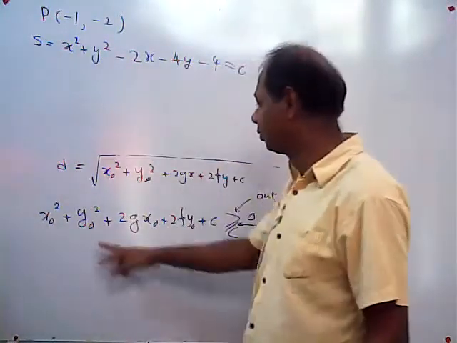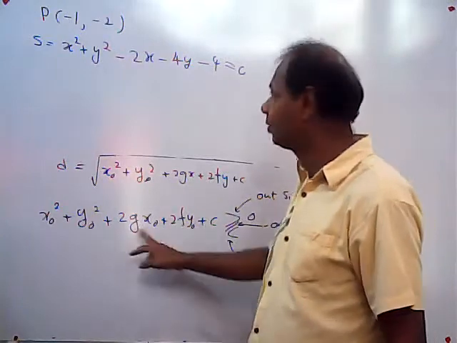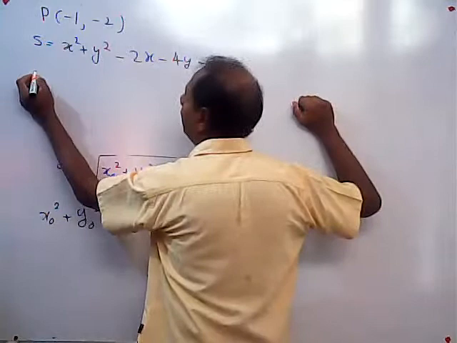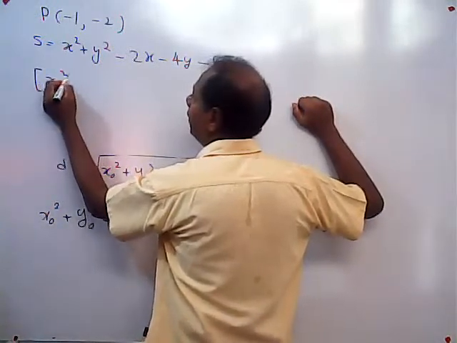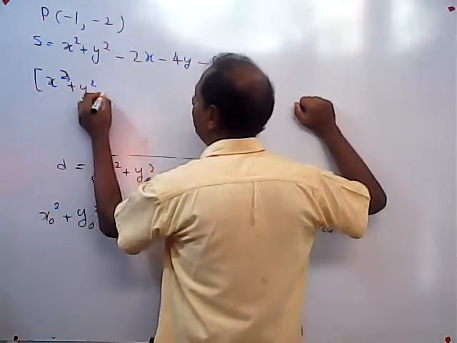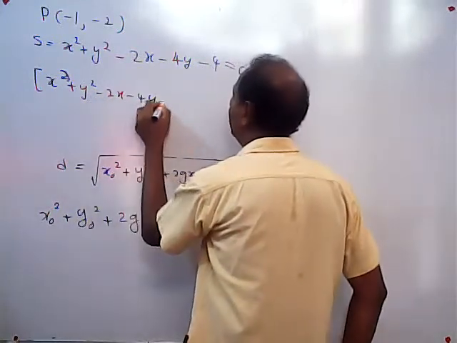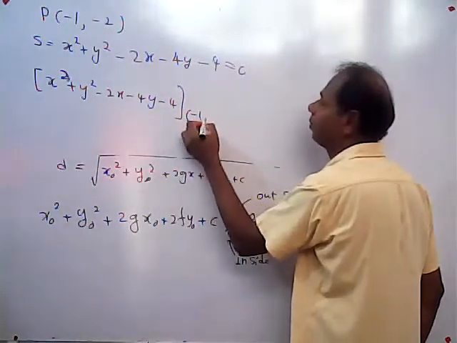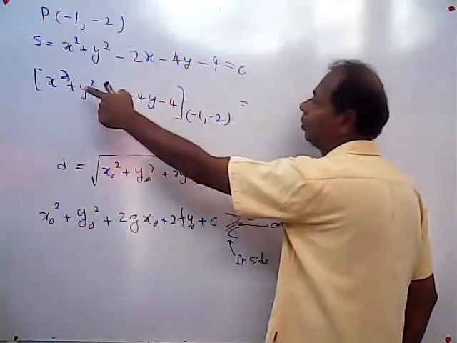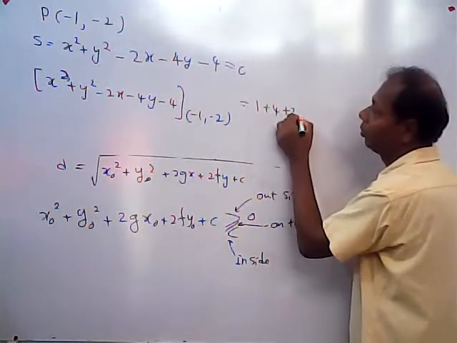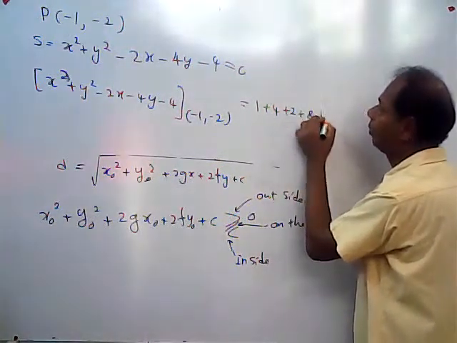It's easy to explain as we said here. You just apply the point in the equation. This is the equation: x squared plus y squared minus 2x minus 4y minus 4. In this equation, we apply the point (-1, -2). So that will give 1 plus 4 plus 2 plus 8 minus 4.